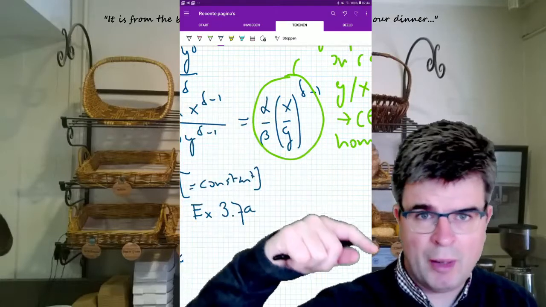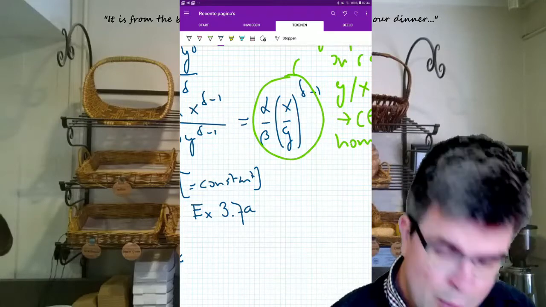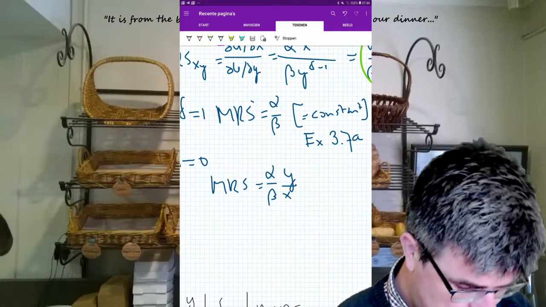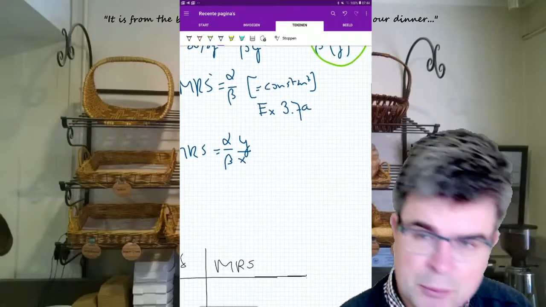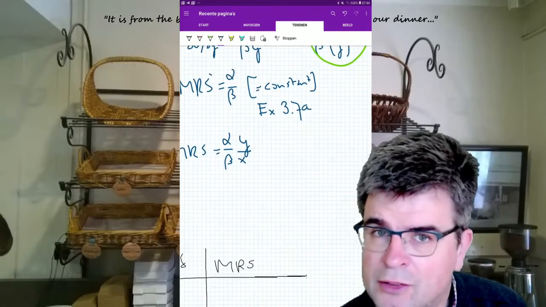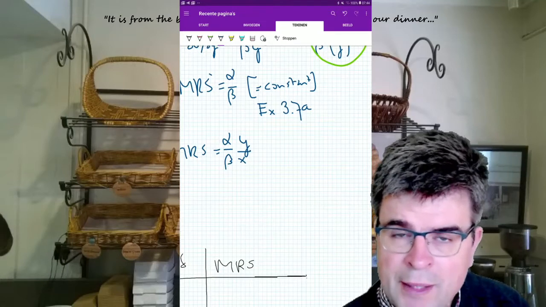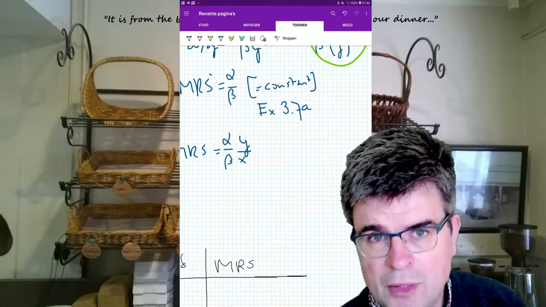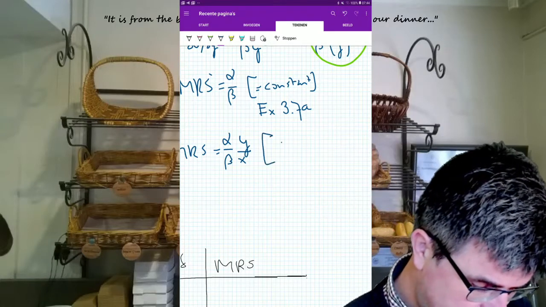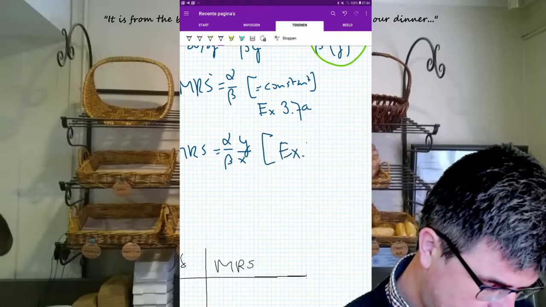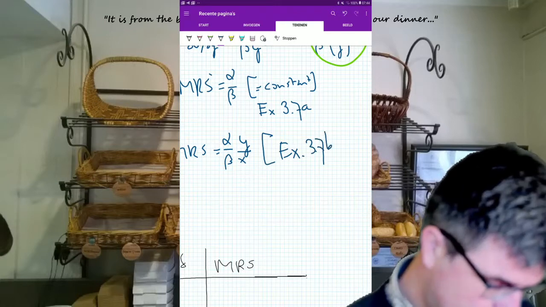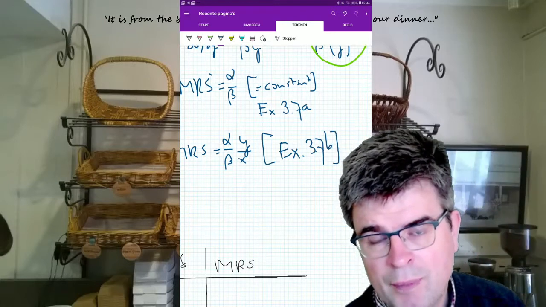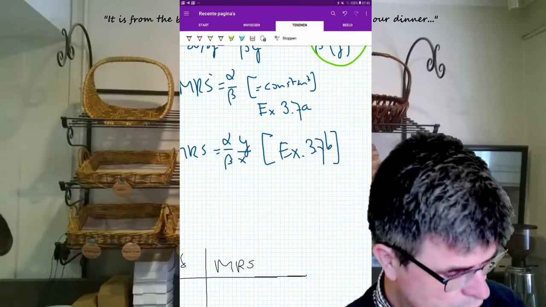So the x and the y flip, and we get y over x as a result. And this is the exact expression that we obtained in exercise 3.7b, which is no surprise because in that exercise we had a Cobb-Douglas function. So if you want to see additional proof, just look back at the notes of exercise 3.7b.